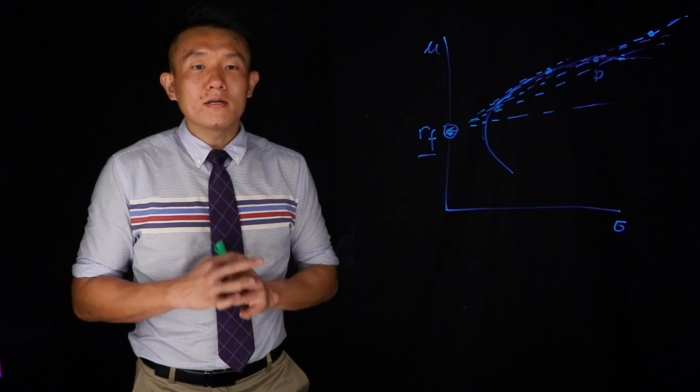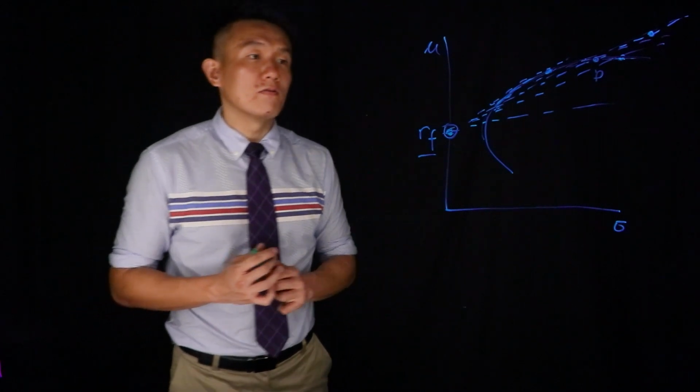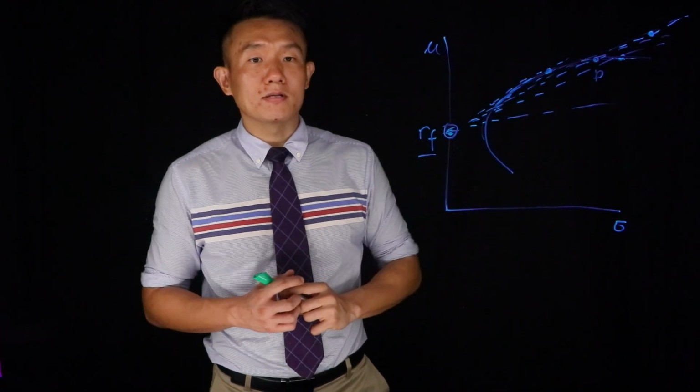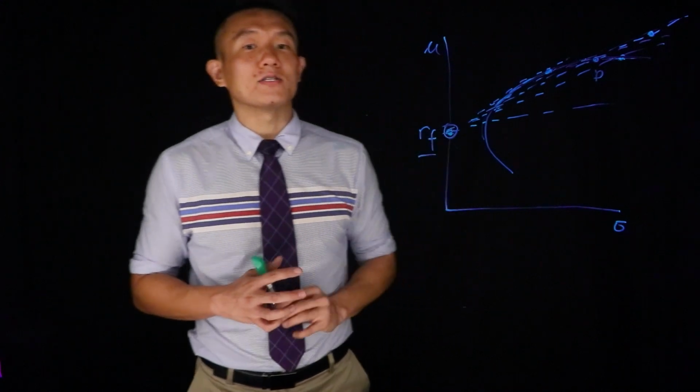So this tells us what we need to look for. We need to look for the line connecting the risk-free rate with a stock portfolio that's the highest one, the highest slope. And what's that going to look like?